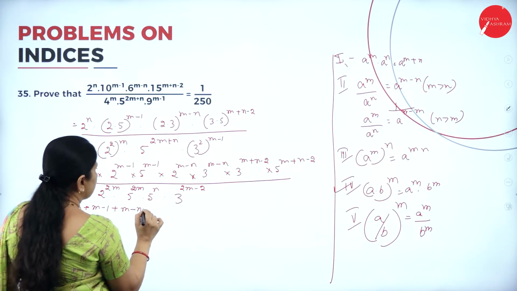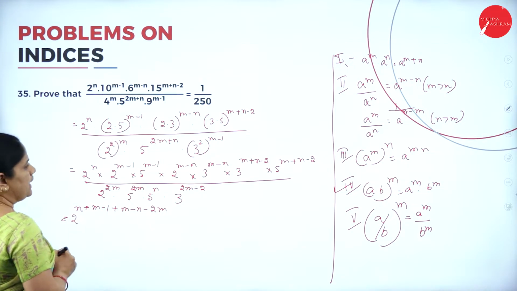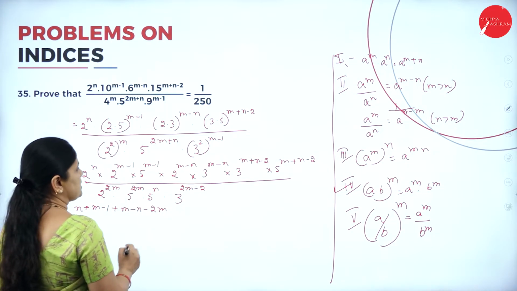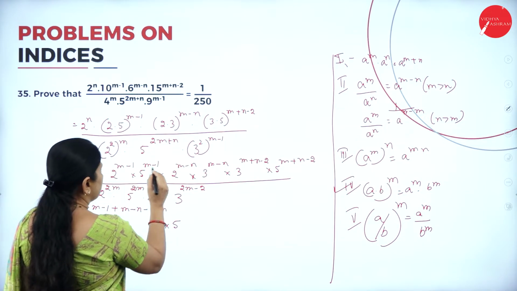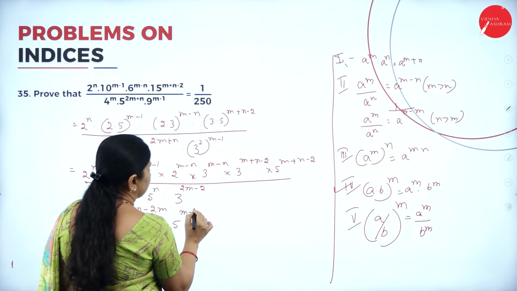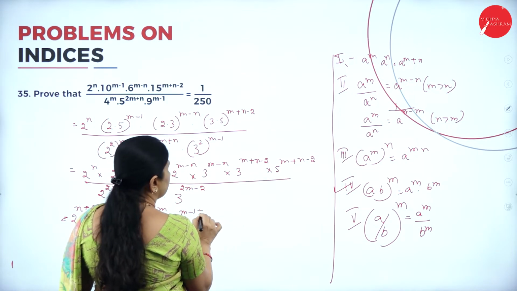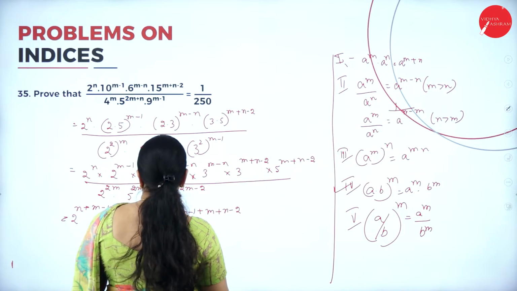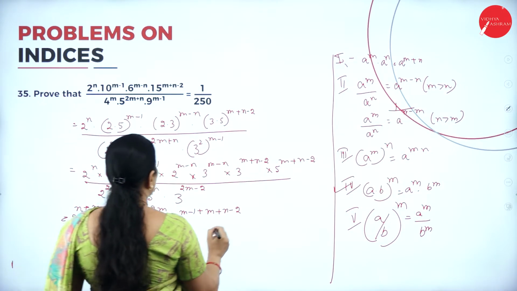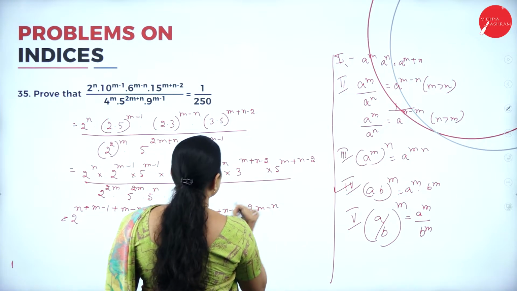So, I will write it as minus 2m. Then next, I will take this base 5 into base 5. So, base 5, I have the power m minus 1. Then again, I have it here plus m plus n minus 2. Then in the denominator, I am having minus 2m minus n.